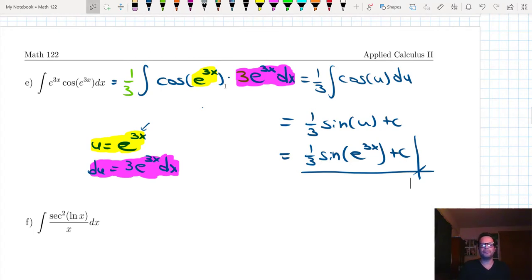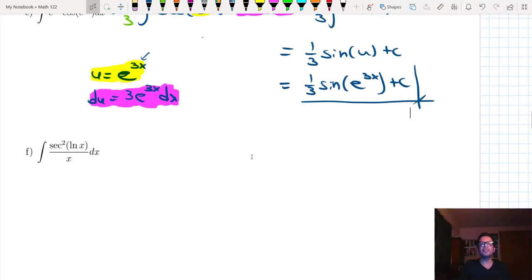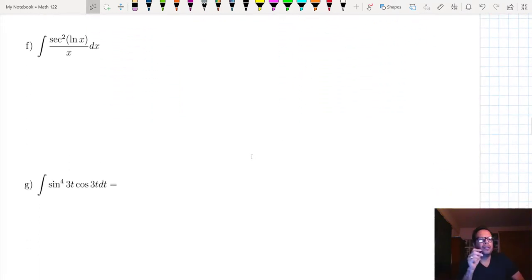That's another example. Let's look at letter F, secant square of ln of x divided by x. This looks like it's all over the place. There's lns, there's rationals, there's secants and squares. Let's see how this is going to work.